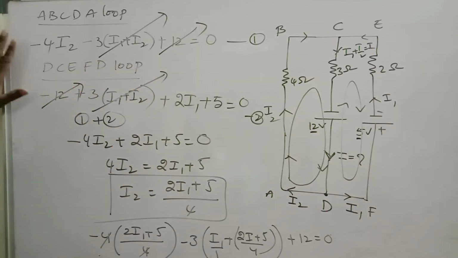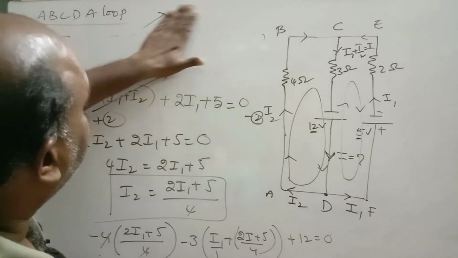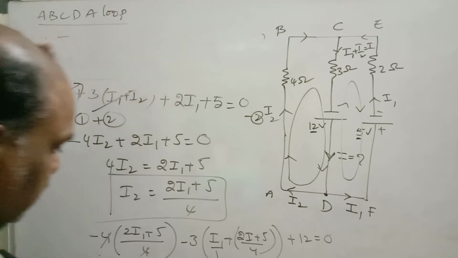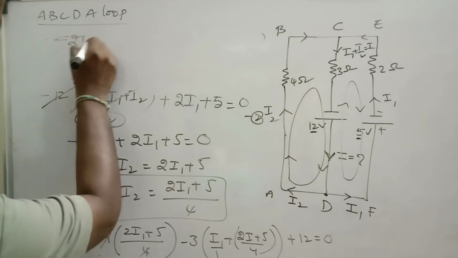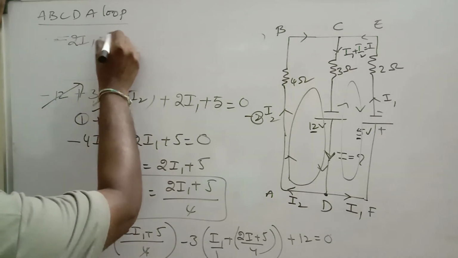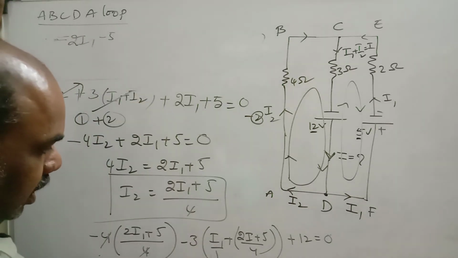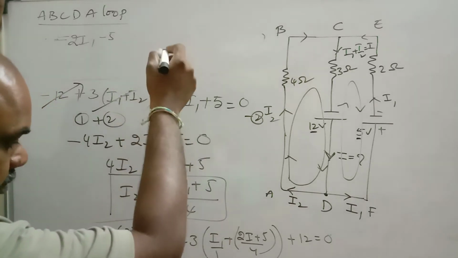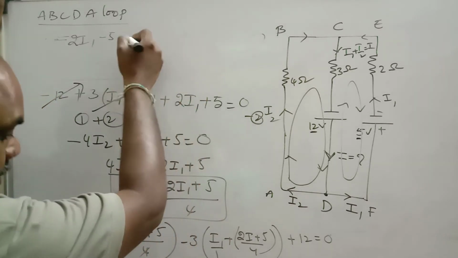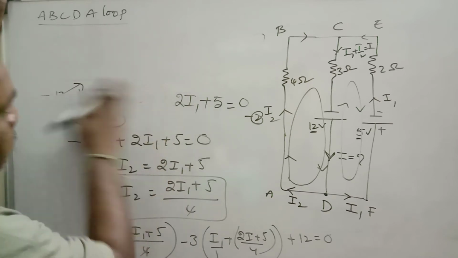Just I am rubbing the board. Here I am writing the next equation. So minus 2 I1 minus 5. Here what will happen? Minus 3 into 6 I1 plus 5.